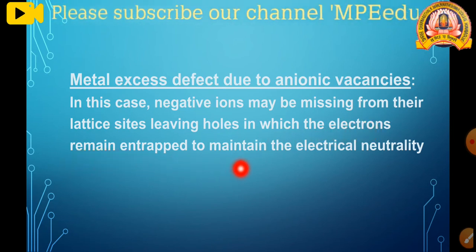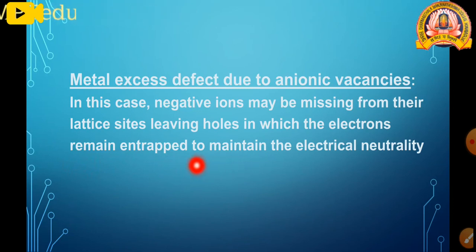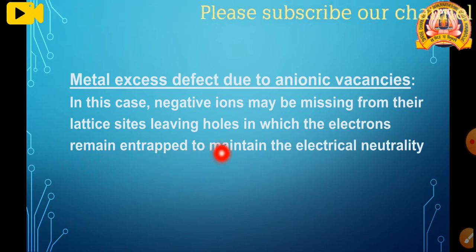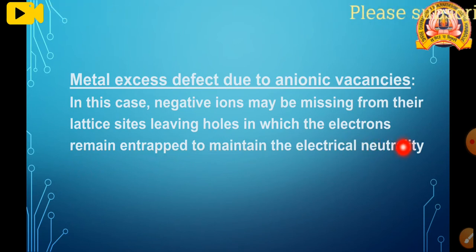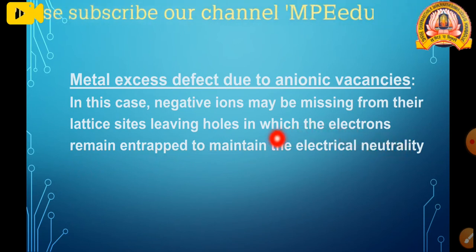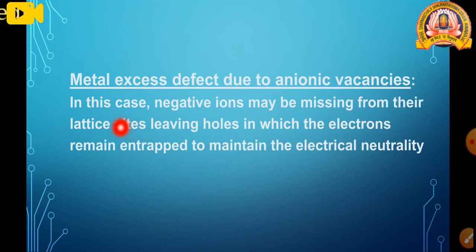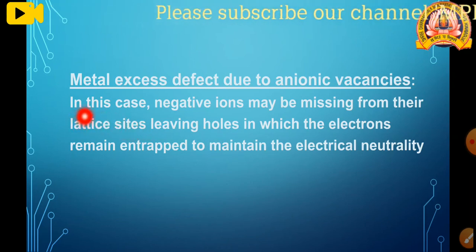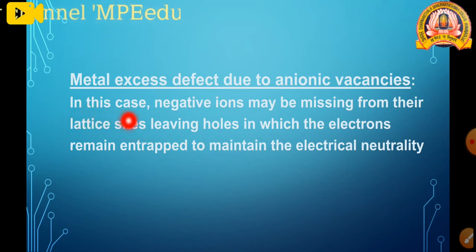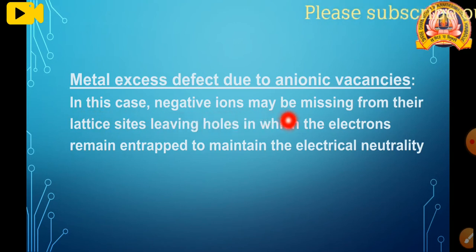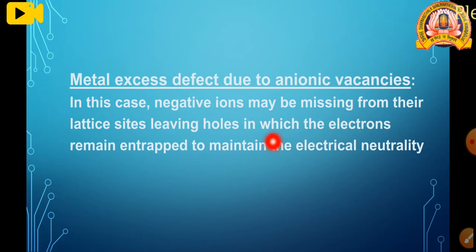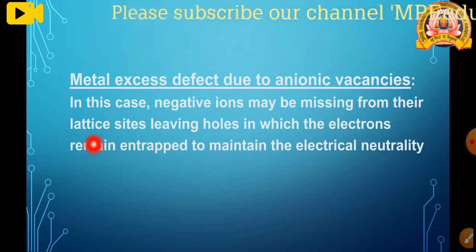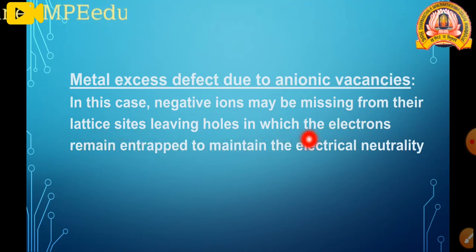In this case, a negative ion may be missing from its lattice site, leaving a hole. Hole means vacancy or void. It leaves a hole in which electrons remain trapped to maintain the electrical neutrality. Read the sentence once again.